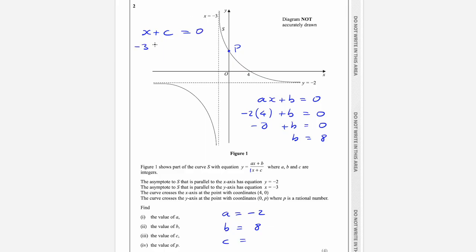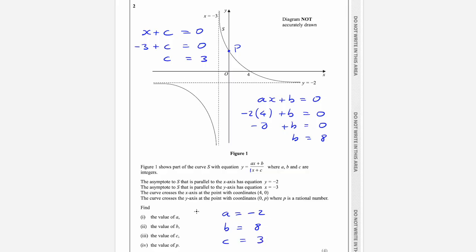So -3 plus c equals 0. c is equal to 3. The denominator equals 0, we get a vertical asymptote. So when the denominator is 0, there's a vertical asymptote. Hence, c is equal to 3.